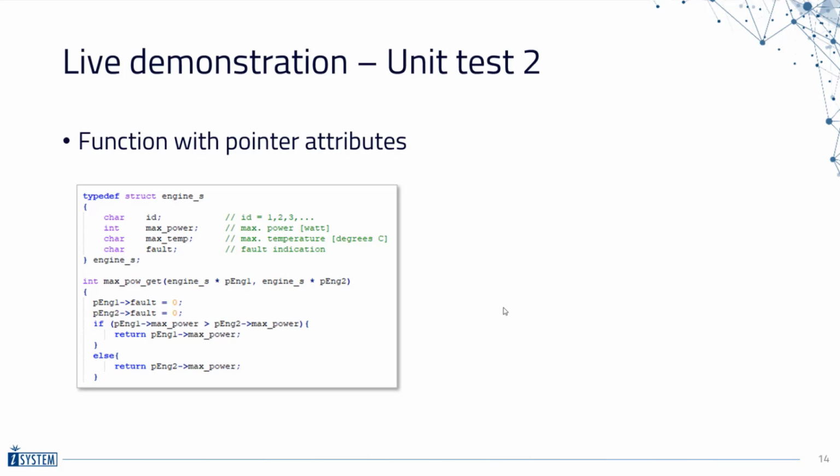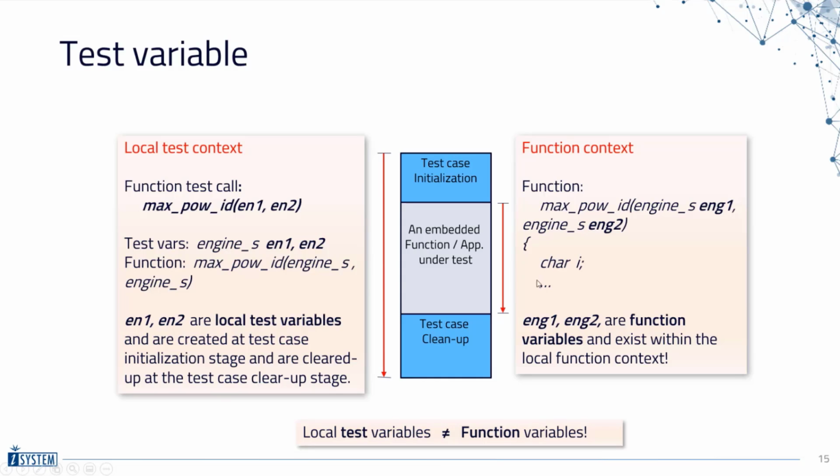Before jumping into the testIDEA demonstration, I would like to point out that testIDEA prepares for each unit test a so-called call stack, and the test variables are pushed to the stack before the function is actually called. So in case we use the same name as inside the function prototype, this will cause confusion.